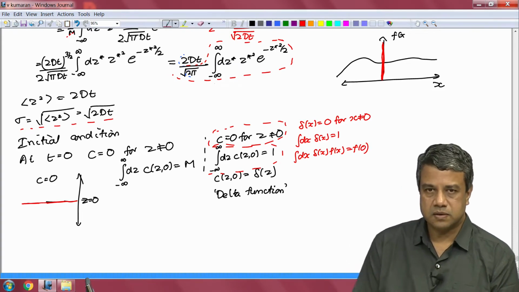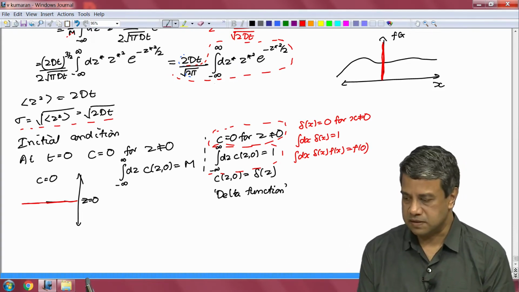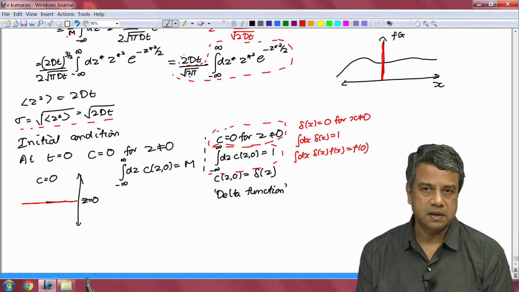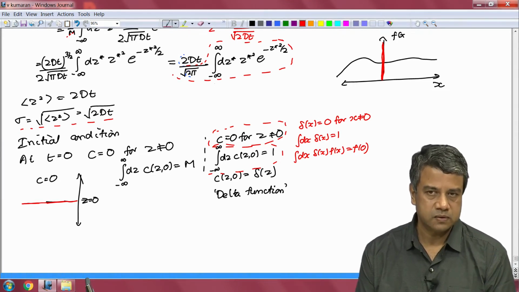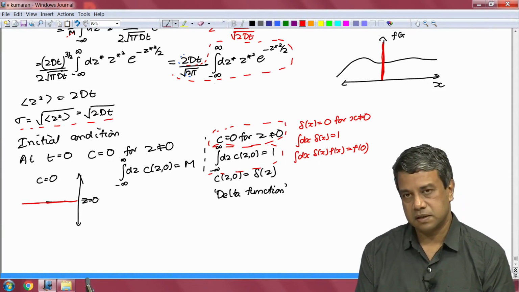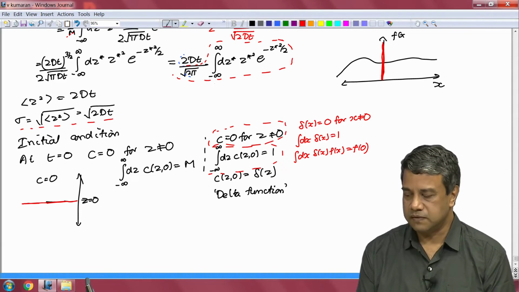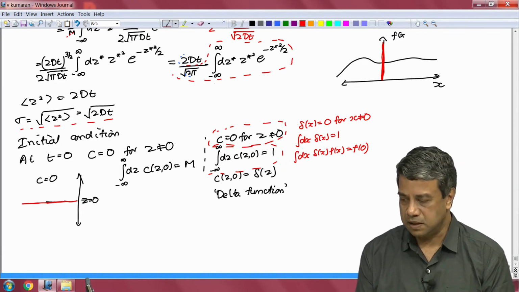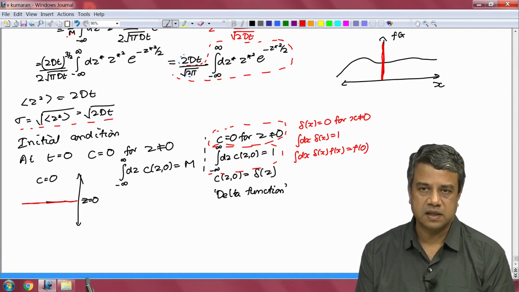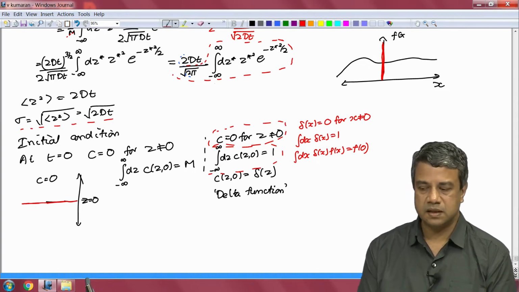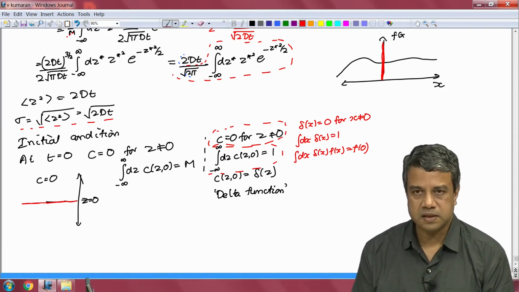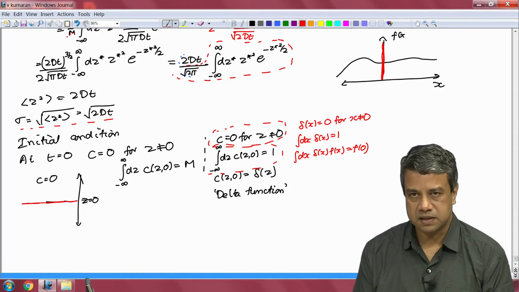So, for all x not equal to 0 it is 0, it is non-zero only at x equal to 0, but the integral is finite. If you multiply the delta function by any function and integrate, you get the value of that function at 0.